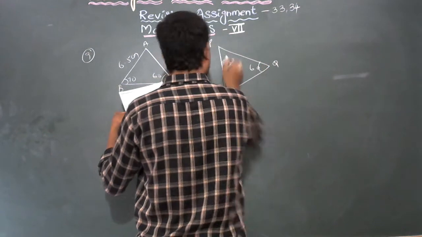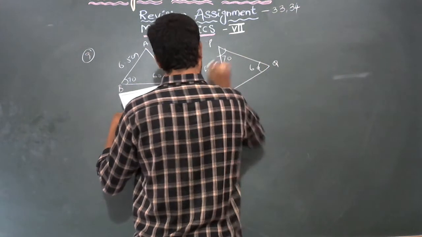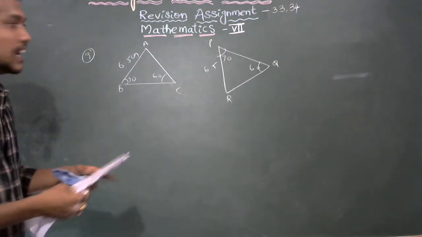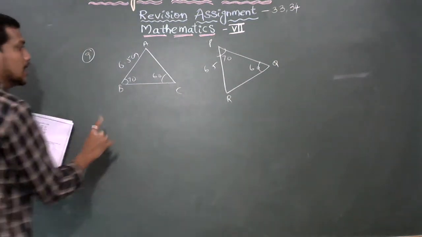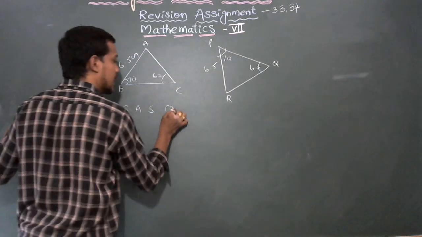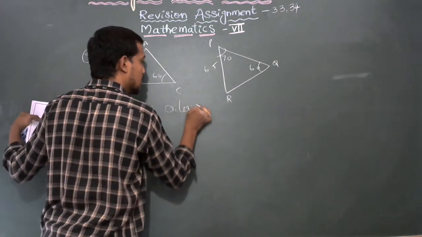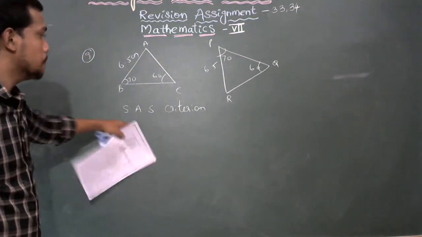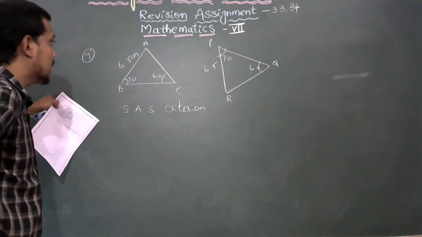Here 60, here 70, here 6.5. Okay. So now verify whether it is correct or wrong. So in this it is the SAS criterion. This one is SAS criterion. So two sides and one angle. Okay. Two sides, one angle criterion.